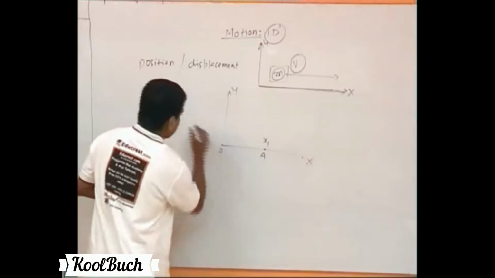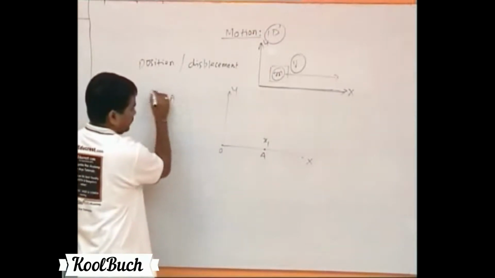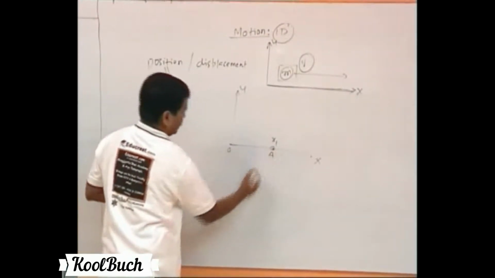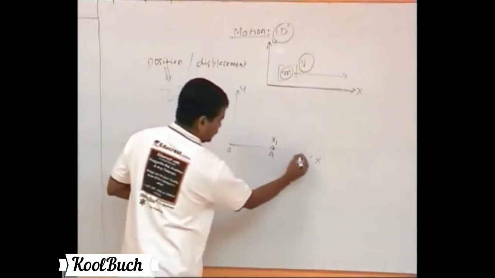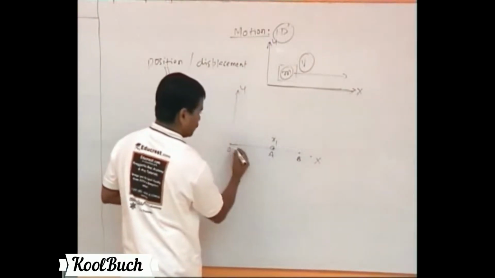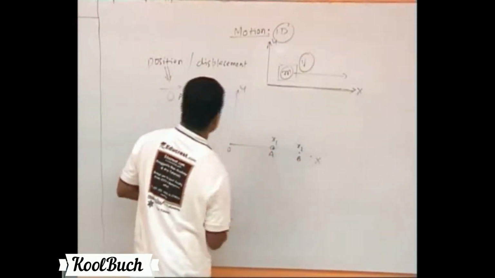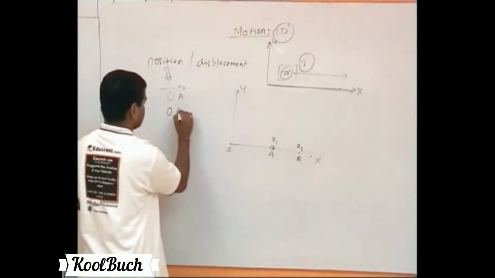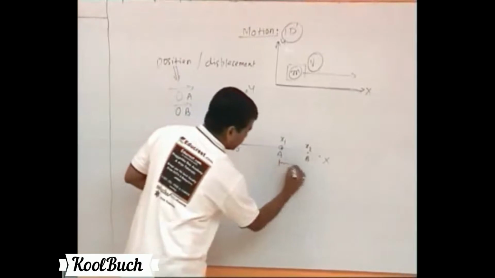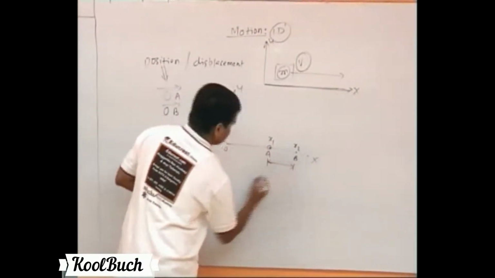So OA represents the position vector of the object at A. If this object moves from A to B, now the distance of B from the origin is x2 and the position vector becomes OB, and the distance between A to B is displacement.